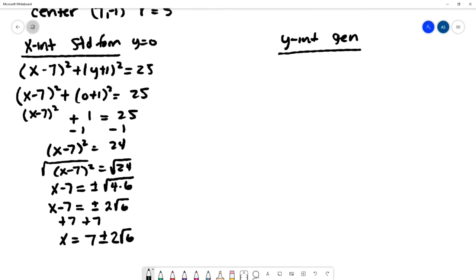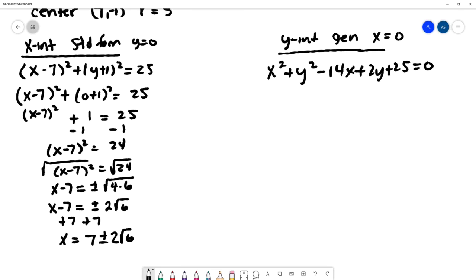So then I want to find the y-intercept, and I said I would go back to general form. The original equation was x squared plus y squared minus 14x plus 2y plus 25 equals 0. When you're finding a y-intercept, you let x equal 0.